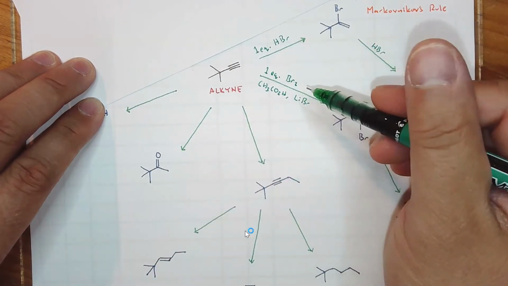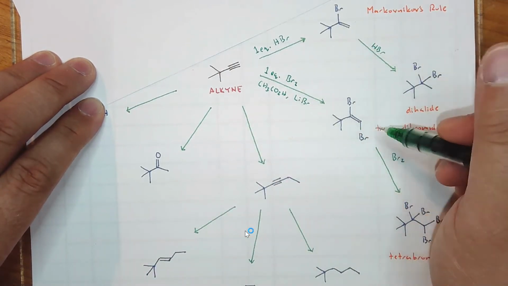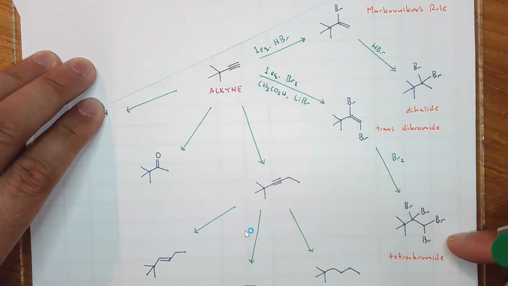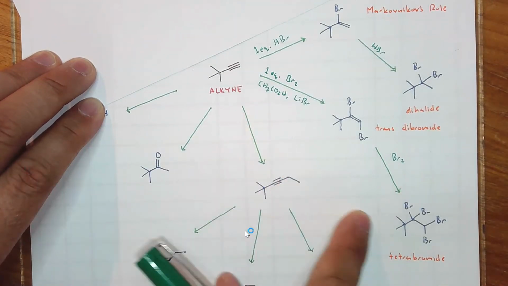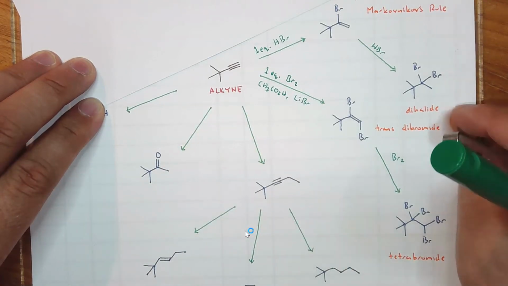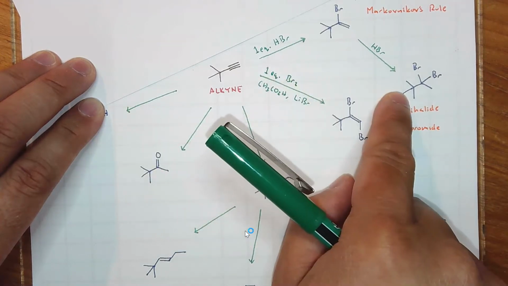If they write Br2, that's good enough for synthesis if you're trying to make the dibromide. What if you want to make the tetrabromide right away? Just say excess Br2, going from alkyne to tetrabromide. Or if you want to make the dihalide right away, just say excess HBr.